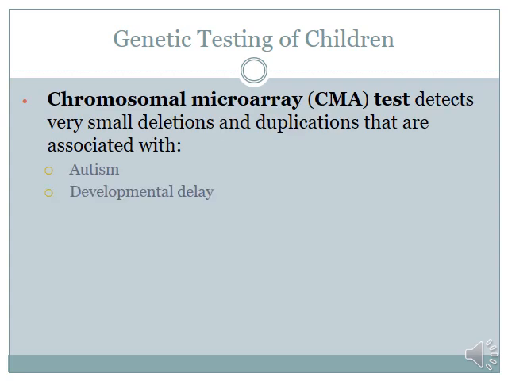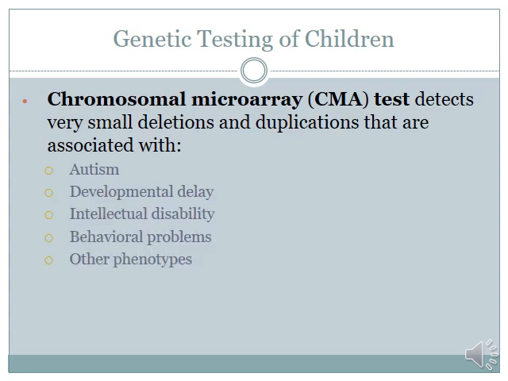In looking at the genetic testing of children, we see that the tests on children range from single gene tests that are done because symptoms match those of a known disease, to chromosome tests, to exome and genome sequencing. A chromosomal microarray analysis detects tiny deletions and duplications that are associated with autism, developmental delay, intellectual disability, behavioral problems, and other phenotypes.